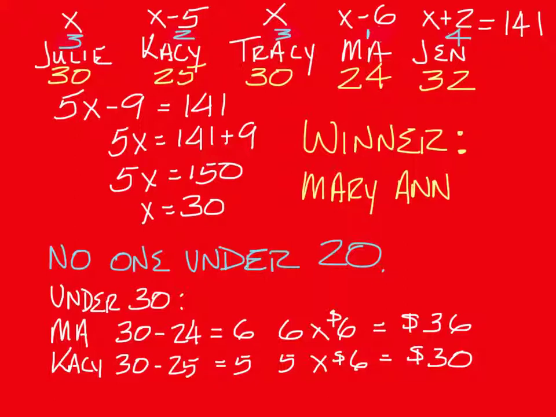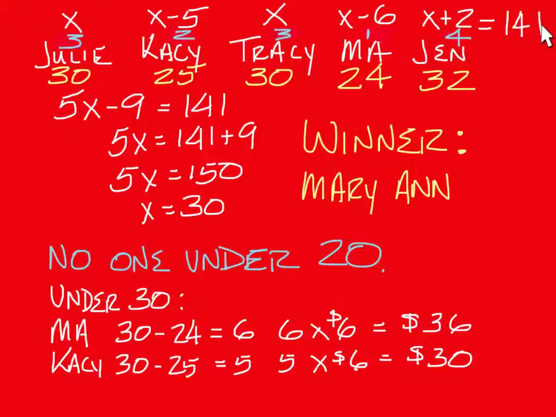And your expressions, Julie ends up being an X simply because of subtraction or addition. Because I think Julie was off of Casey there, and if you add 5 you end up with an X. So you have X, X minus 5, X, X minus 6, and X plus 2 for your expressions.